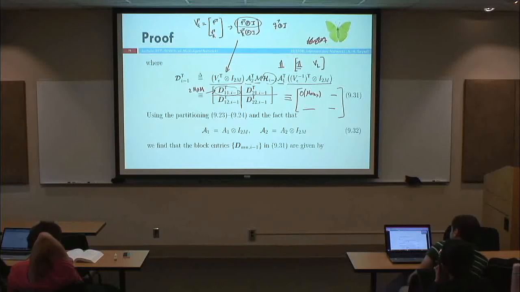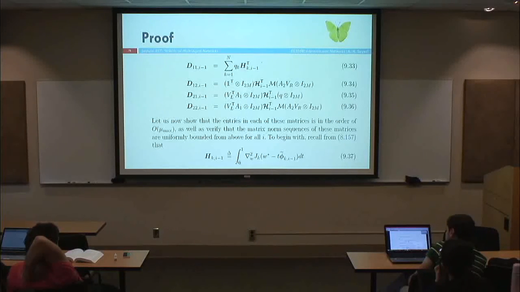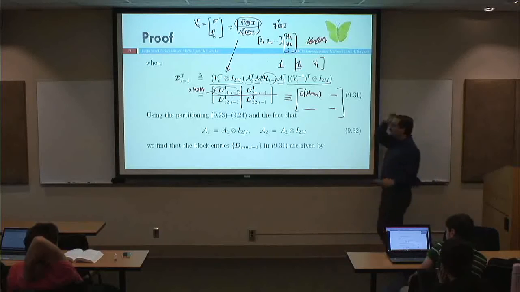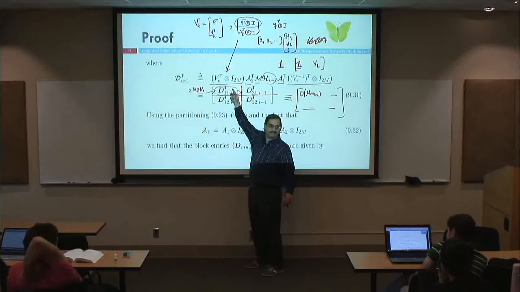So here you get these Q's, the entries of Q, multiplied by a block vector with values H1, H2, etc. So what do you get for D11? You end up finding that D11 is the sum of Q times H. I just computed explicitly what this is.